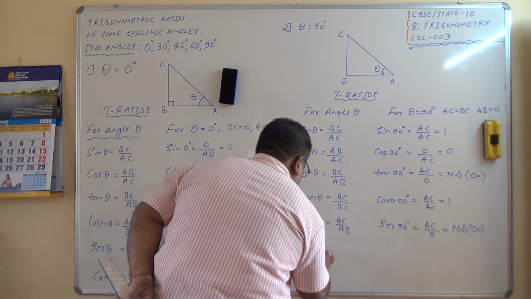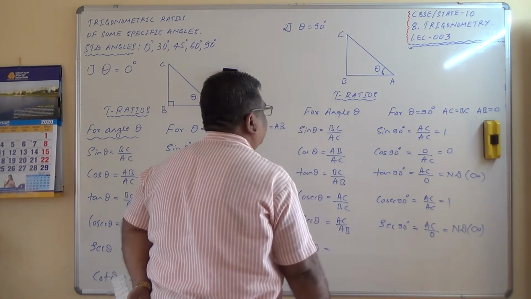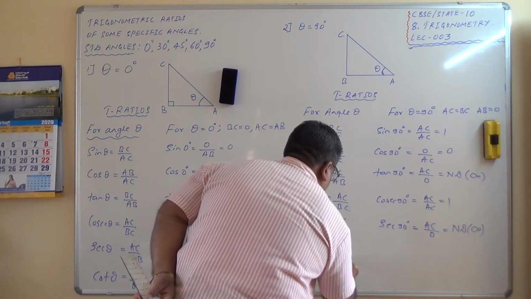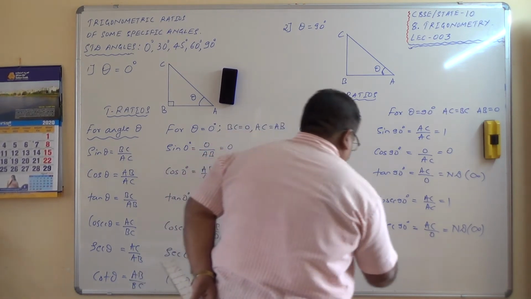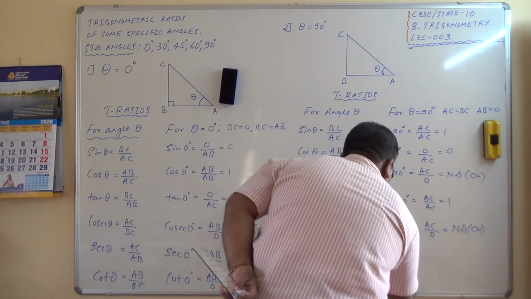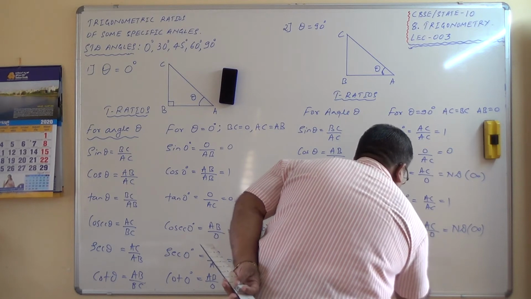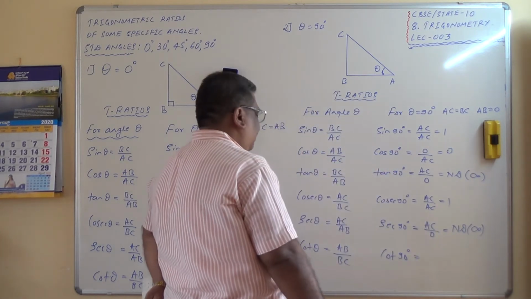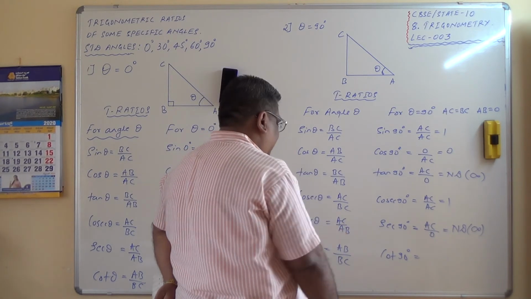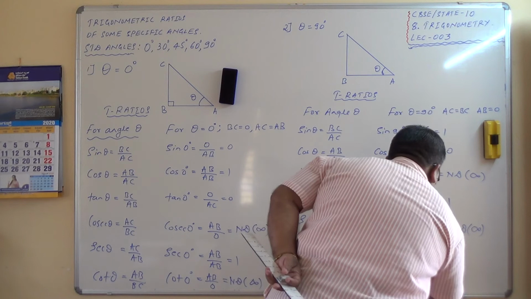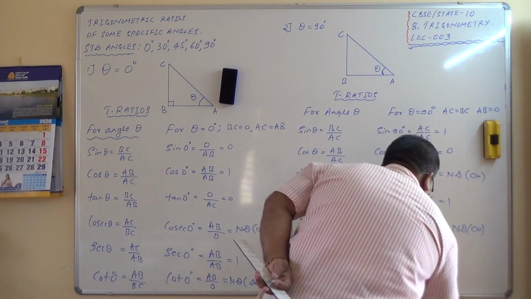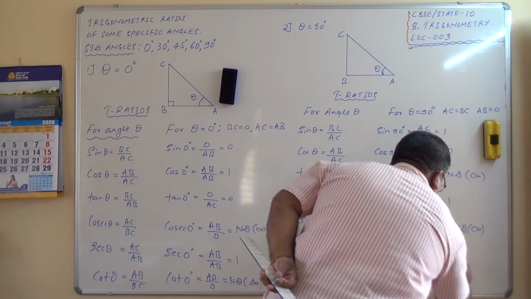Finally, cot theta equals AB by BC, reciprocal of this. So cot of 90 degrees, AC and BC will remain same. AB is 0, 0 by BC. 0 by BC will change to AC, or I can write as it is, which is 0.